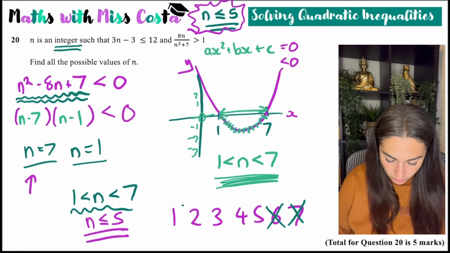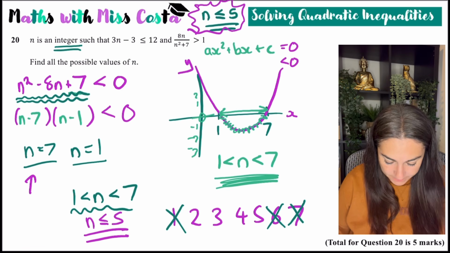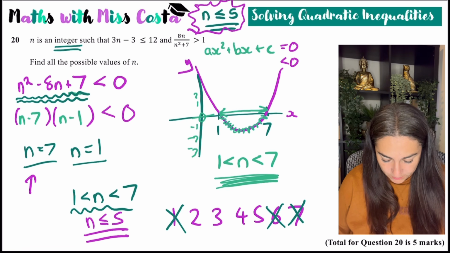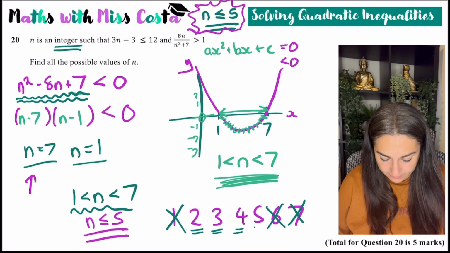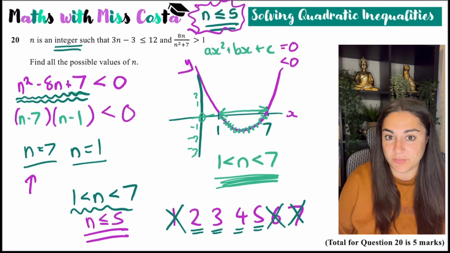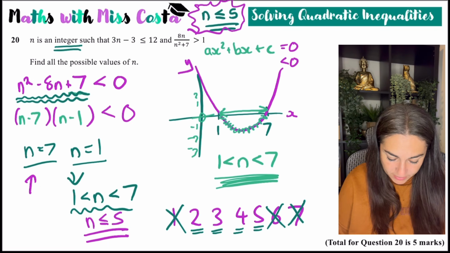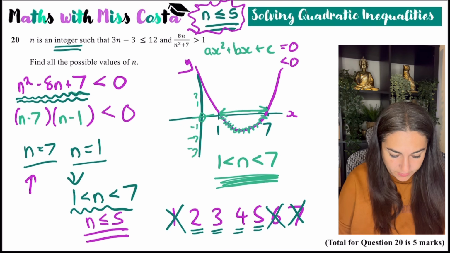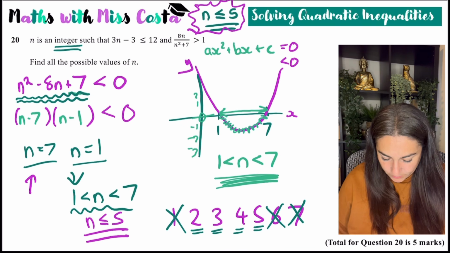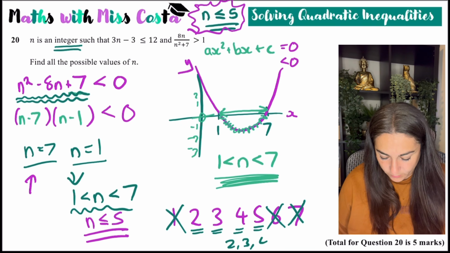So I know it can't be 1 because it's less than 1. So the only values it could be would be 2, 3, 4, and 5, because here it says it's less than or equal to 5, which means it could be 5 or anything less. But here I'm restricted by the fact that n is greater than 1. So the possible values of n would be 2, 3, 4, and 5.